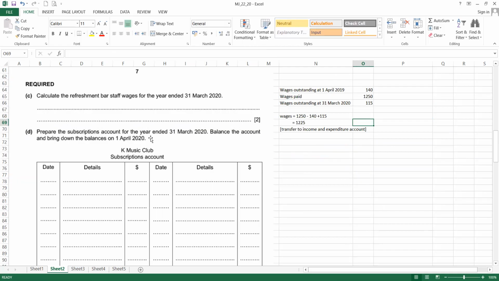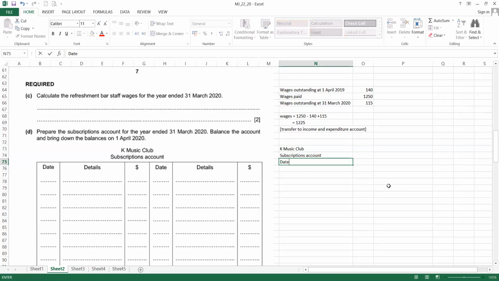Prepare the subscription account. So this one is to prepare the subscription account. Let's put in the information first. K Music Club, subscription account.